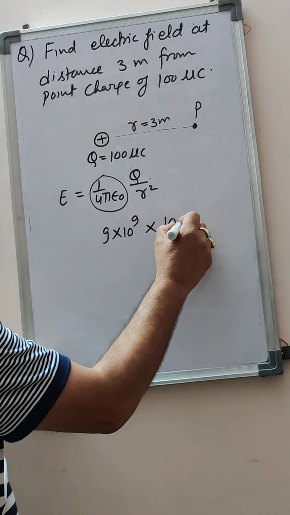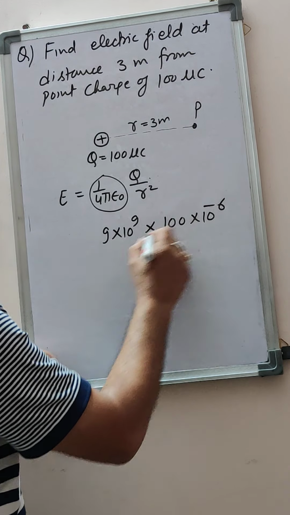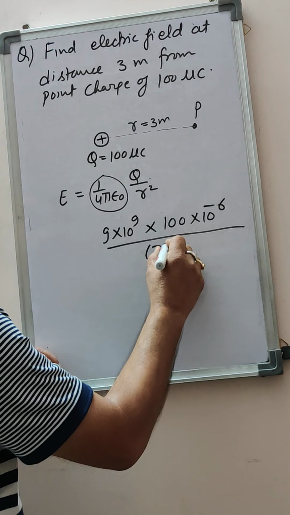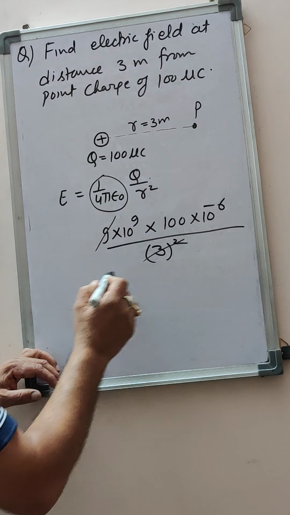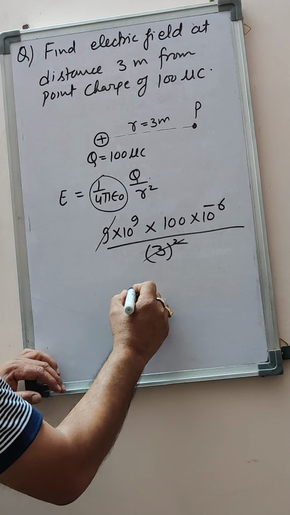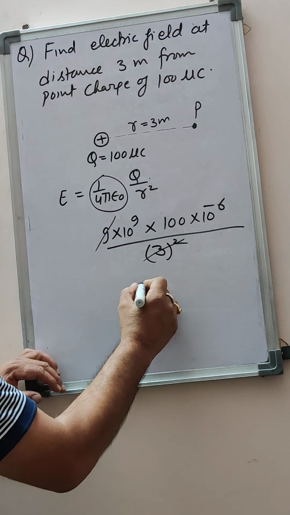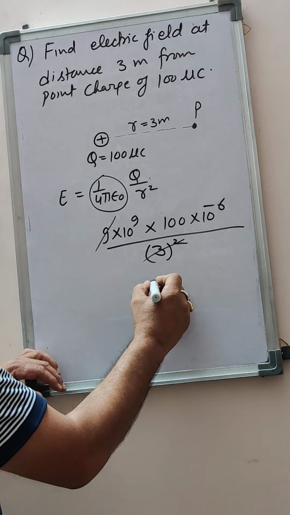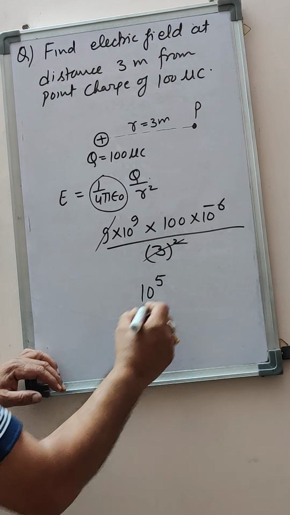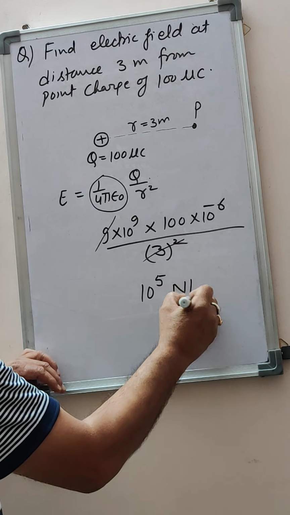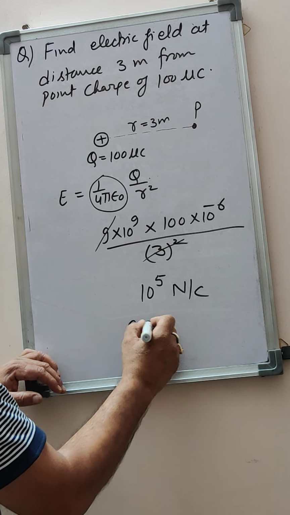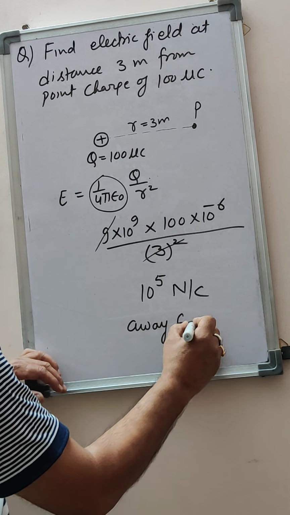Charge is 100 into 10 power minus 6, R square, 3 square. This 9 cancels out, so it will be 10 to the power 5 Newton per coulomb, and direction is away from charge.